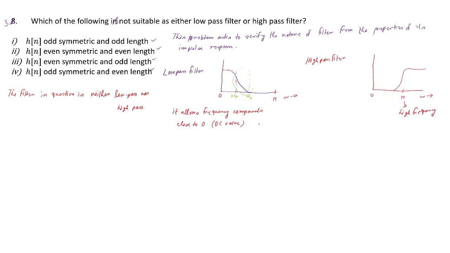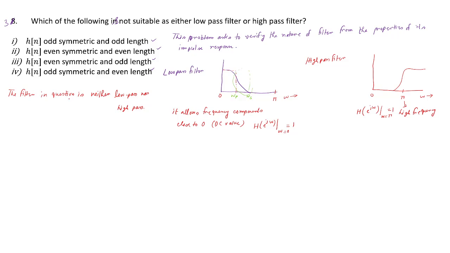For a low pass filter, if I am concerned with the frequency response at omega equal to 0, it is 1. On the other hand, for a high pass filter, as you can see from the spectrum drawn here, at omega equal to pi, it's 1.